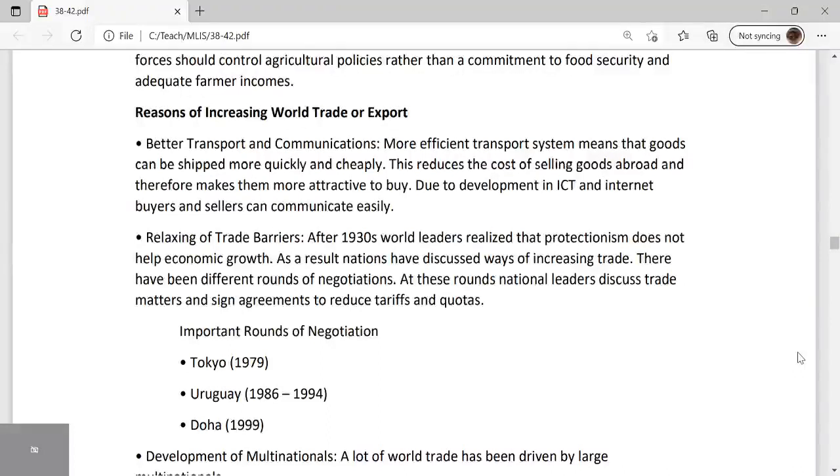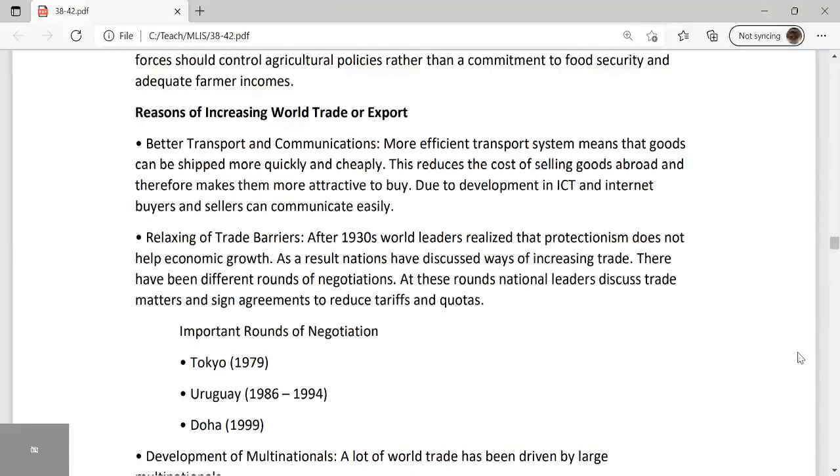This reduces the cost of selling goods abroad. If the cost and time are falling, the selling price will also fall, which makes goods more attractive to buy. So definitely there will be more sales.